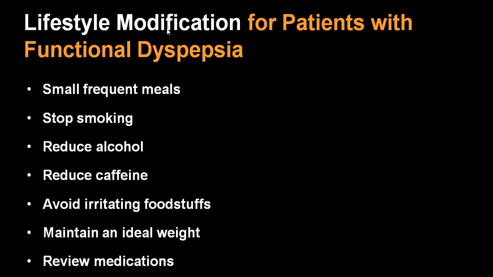Lifestyle modification includes small frequent meals, stopping smoking, reducing alcohol, ideally abandoning it, reducing caffeine, that is tea and coffee, avoiding irritating foodstuffs like preservatives, spicy food and fried foods, and maintaining ideal weight, so maintain your BMI at the ideal level.